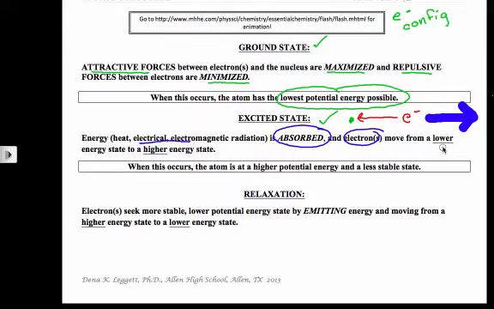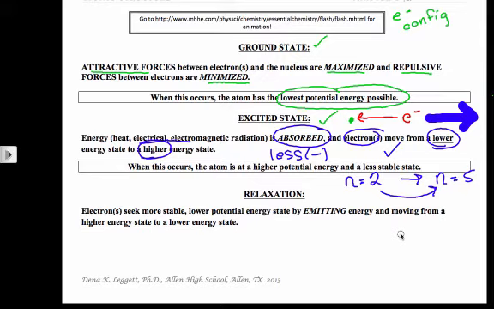This is what's occurring in the fluorescent lights, by the way. They go from a lower to a higher energy state. So for example, going from n equals 2 to n equals 5 takes more energy. It's an excited state. The potential energy is less negative, it's higher, and it's less stable. And electrons don't stay in that excited state for very long.